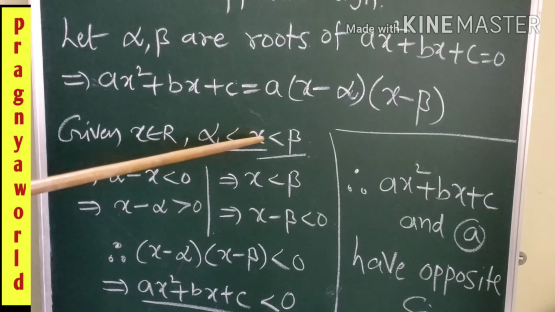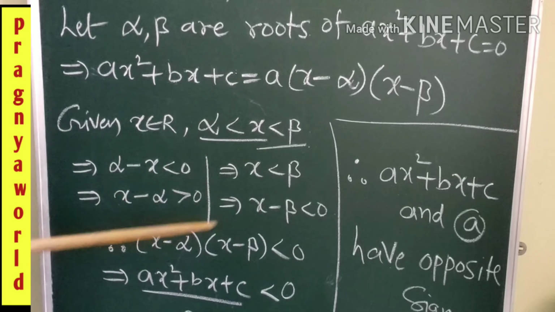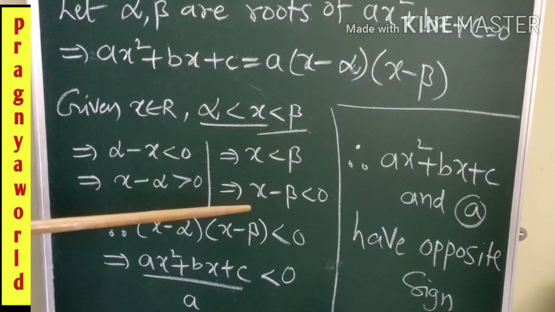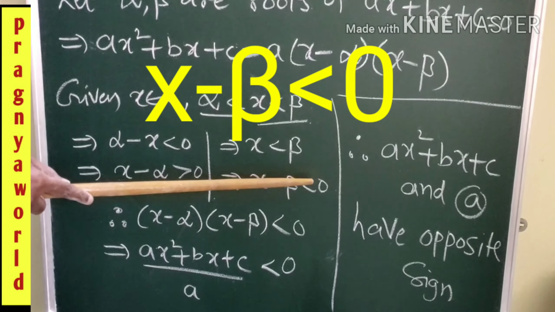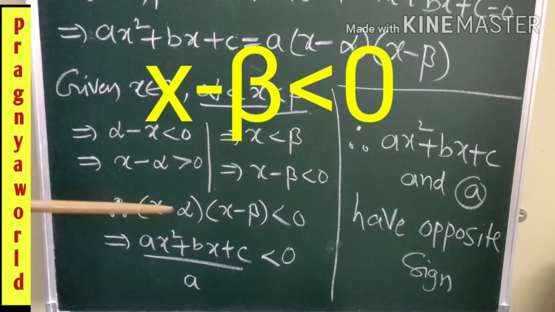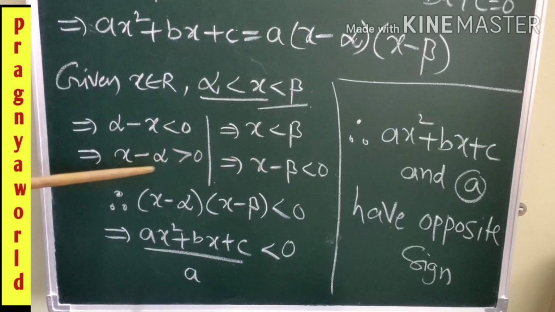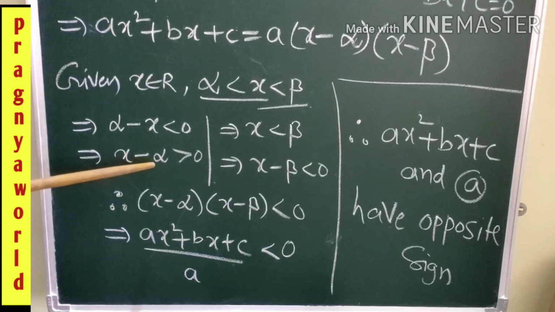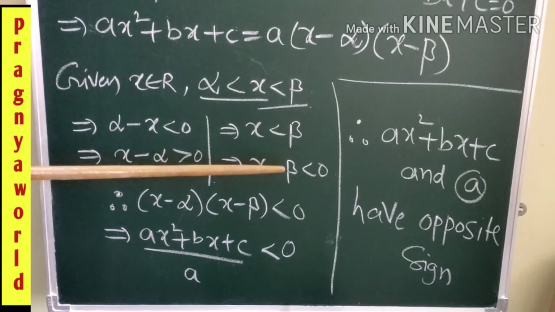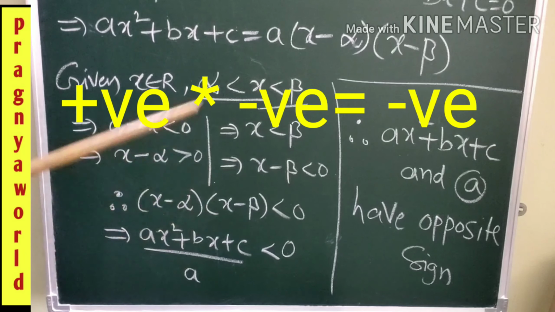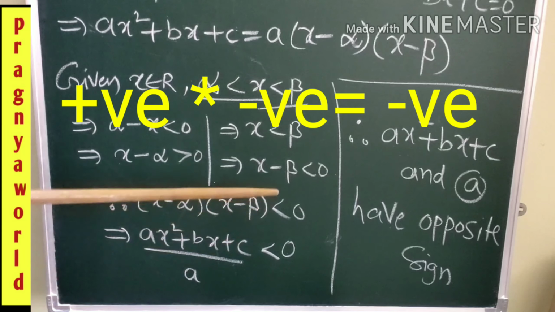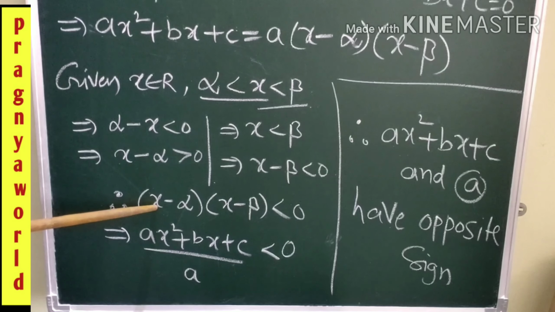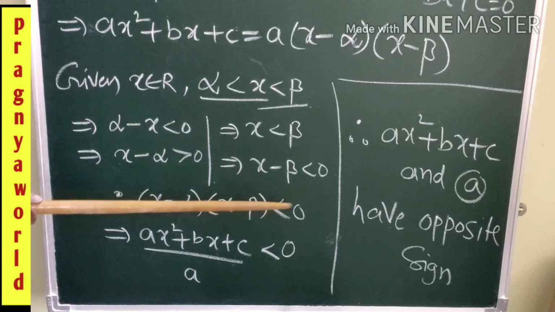Similarly, if you take x less than beta, bring beta to the left side, so x minus beta is less than 0. Now multiply these two, (x minus alpha) into (x minus beta). What happens? x minus alpha is positive, x minus beta is negative. Positive into negative, so it is less than 0. Here (x minus alpha)(x minus beta) is less than 0.